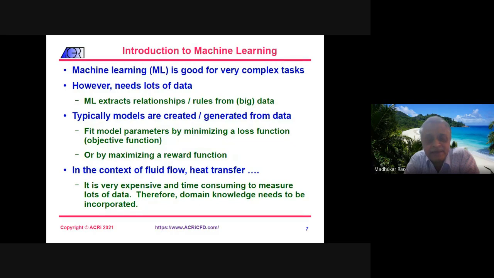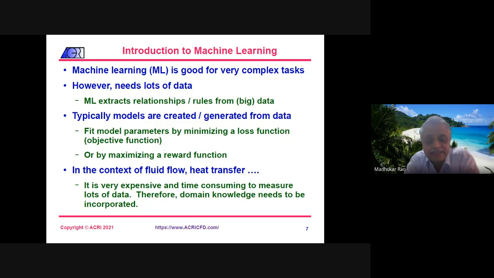So in the context of fluid flow and heat transfer, what is its benefit to us? And what are the problems associated with that? Number one, we know it's very expensive and time consuming to measure lots of data. Especially if you want to do various experiments in different settings, sometimes it is almost impossible to gather the kind of high quality experimental data that you need.